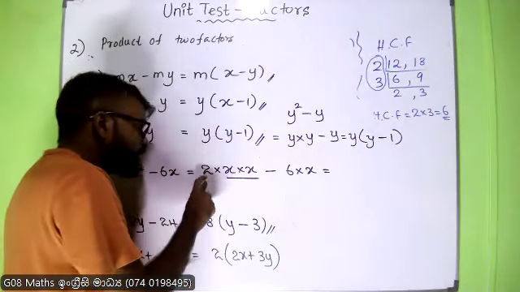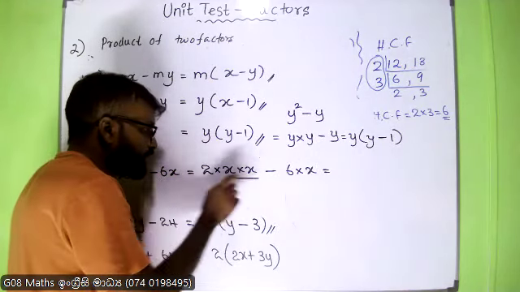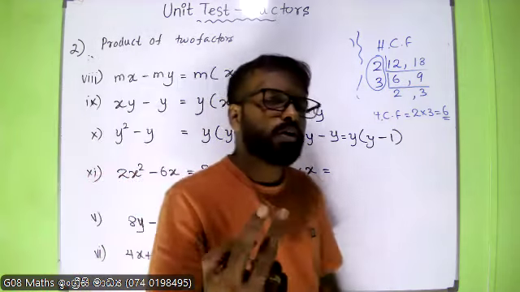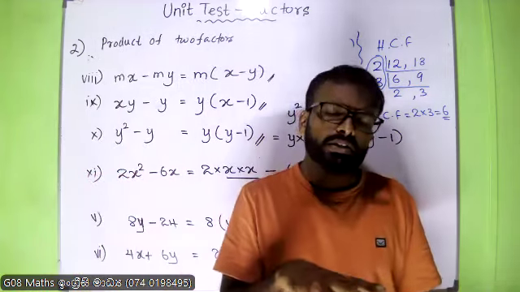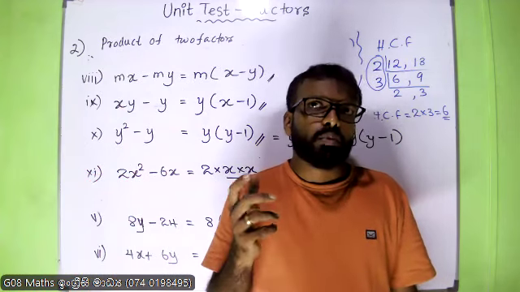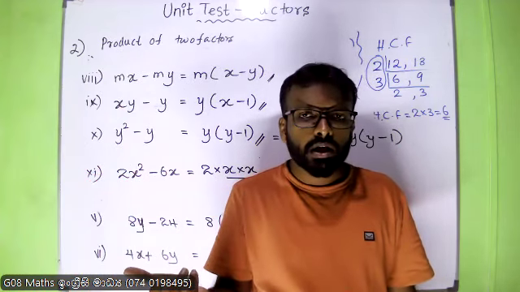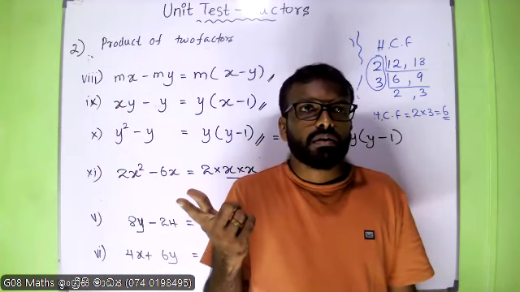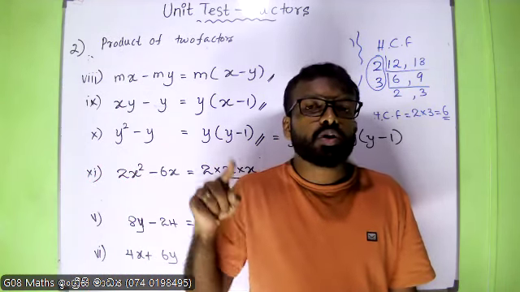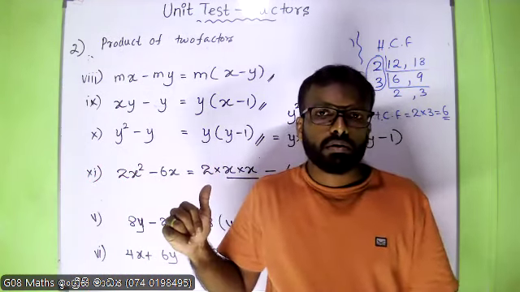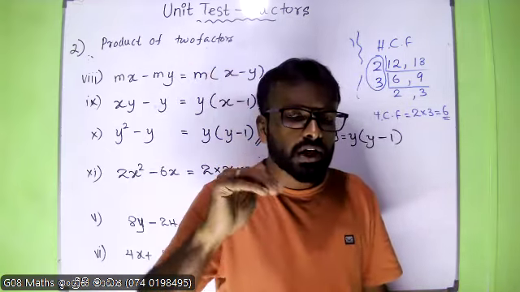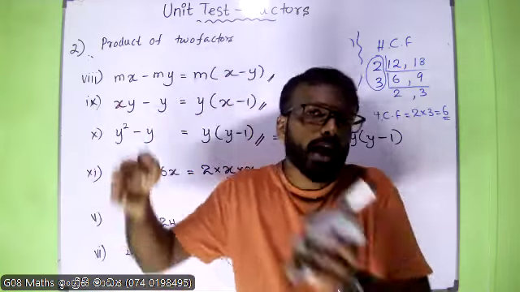By looking at the terms here you have number 2 and here you have 6. Both of them are multiples of 2: 2 times 1 and 2 times 3. So 2 is a common factor for both. Now we need to check, are there any common factors other than 2?